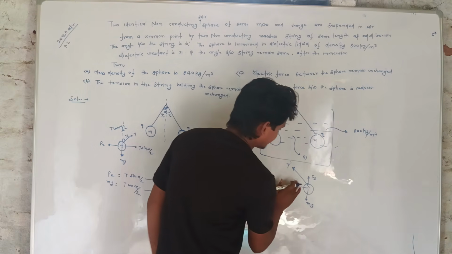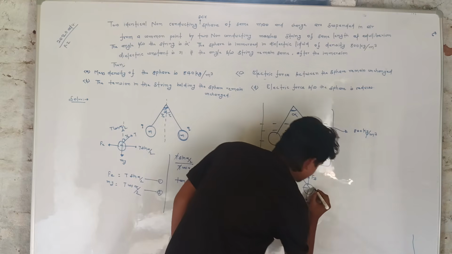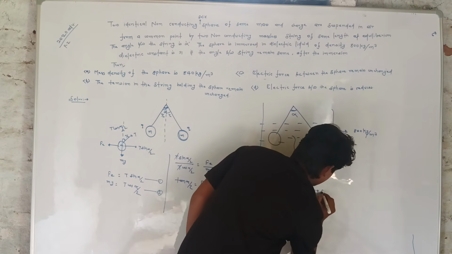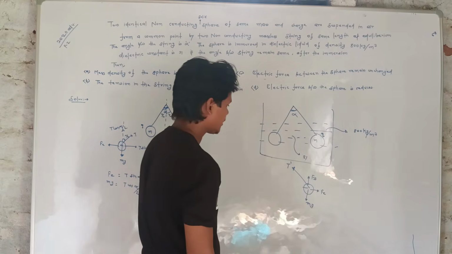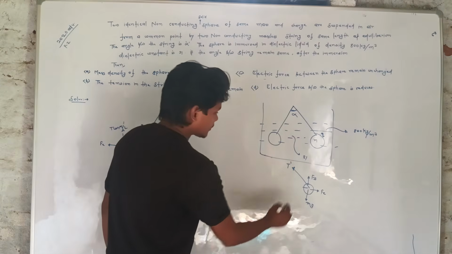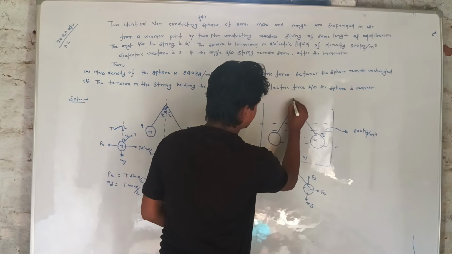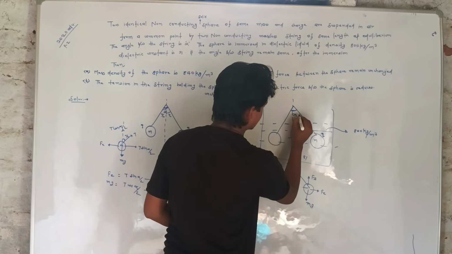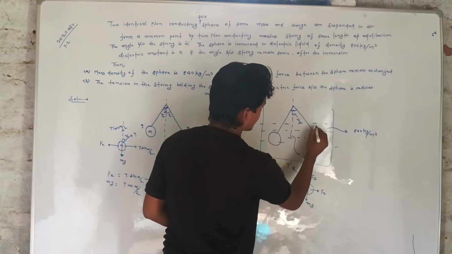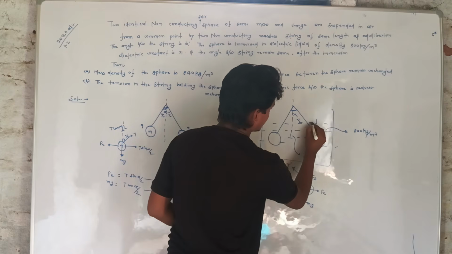Sorry, here it is wrong. Fe is not acting like that. It acts outward. That is Fe. So for the vertical component, here we also draw the angle bisector. It is alpha by 2, so this angle is also alpha by 2.